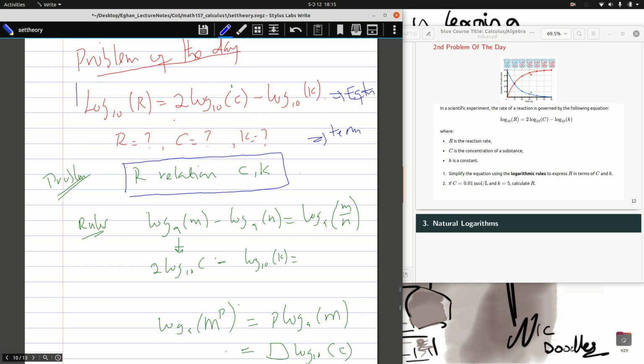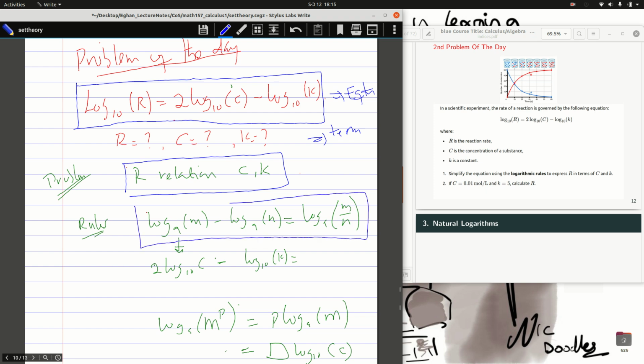Please, let's go back to the equation here. You want to employ the rules of the game. Do you remember this rule? If I go back to my slides, the log of the differences here means just take the division because the bases are the same.